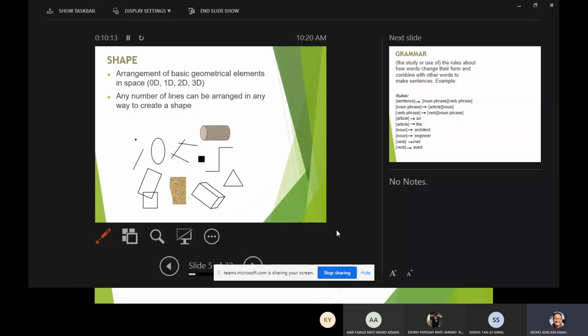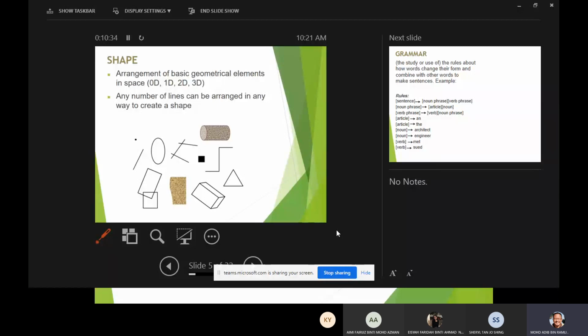But maybe because we have some preconceived ideas, when we say shape, what comes into our mind is the usual shapes, like circle, square, rectangle, triangle.